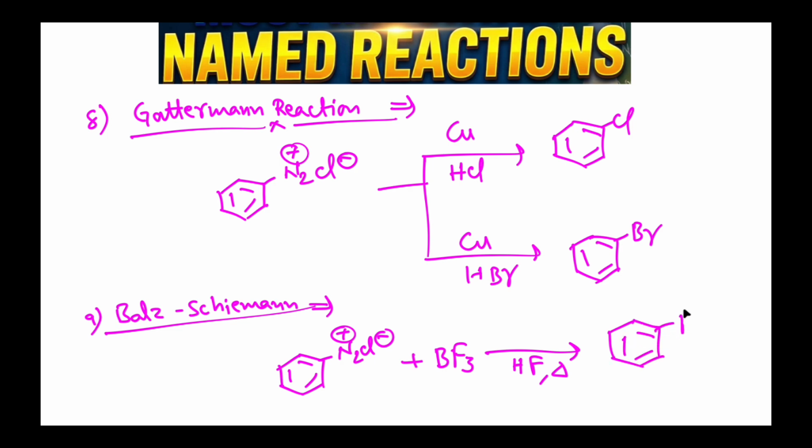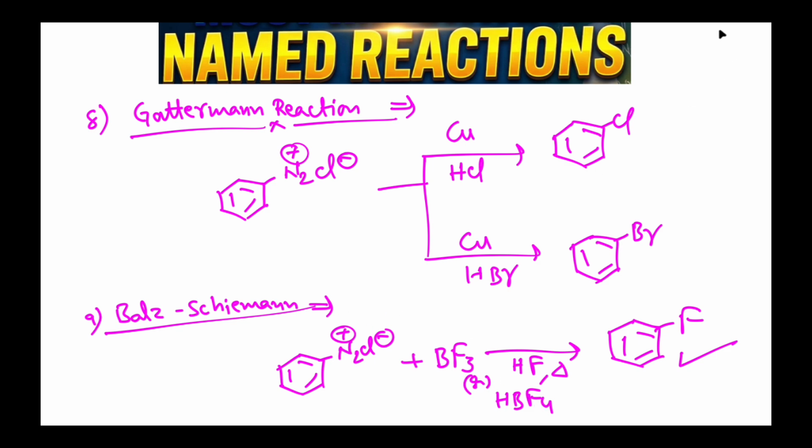So to prepare fluorobenzene, we require the Balz-Schiemann reaction. Sometimes we write HBF4, hydrogen fluoroborate, also, which we can use to replace the N2 molecule.